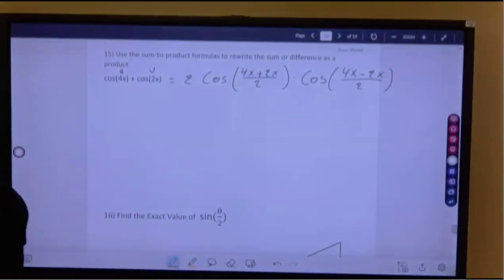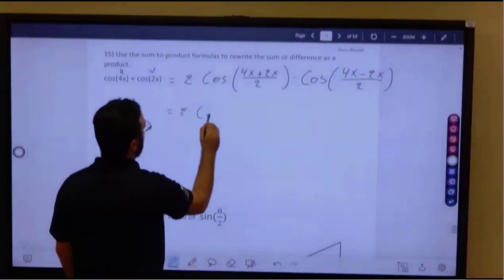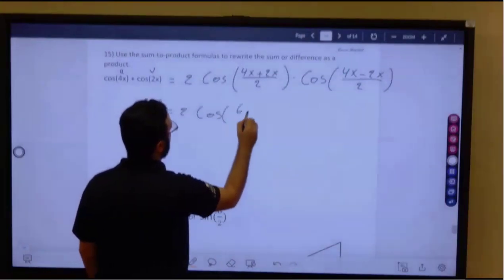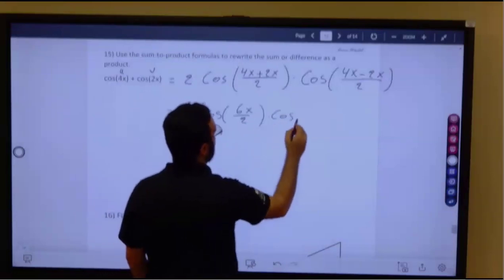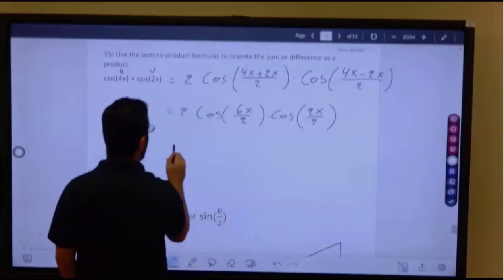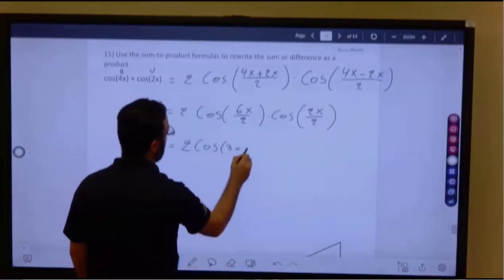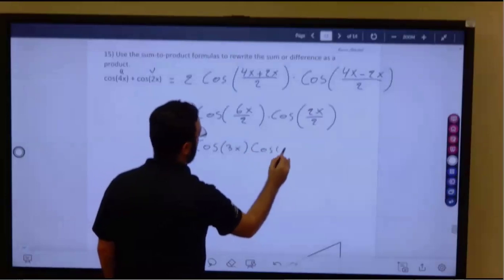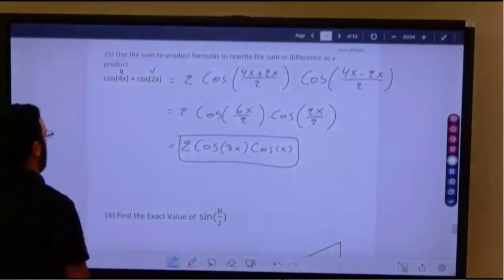That's just using the formula, and then it's going to be 2 cosine 6x divided by 2, cosine 2x divided by 2. And this is equal to 2 cosine 3x cosine x. That's it.